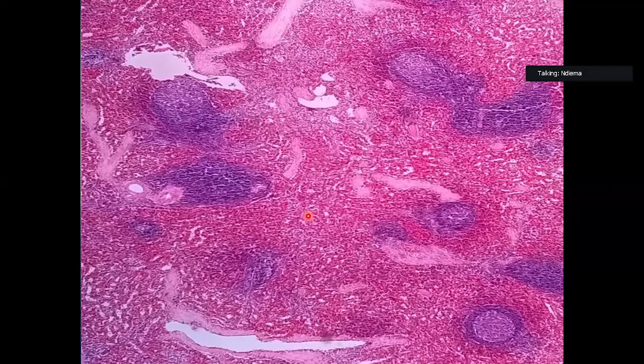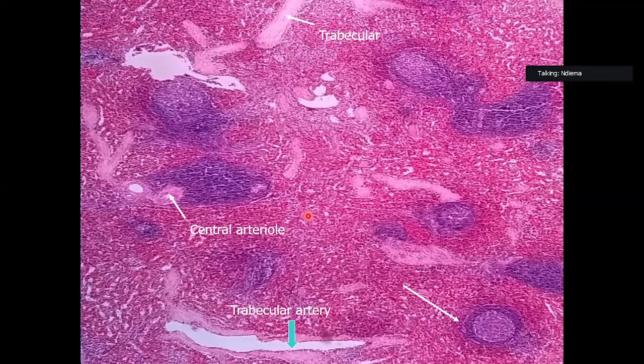So what is the global structure of the spleen? We normally have a capsule, which is fibrous connective tissue, but the spleen also contains smooth muscle. That smooth muscle is very important in contracting to squeeze out the blood into circulation if we have excessive bleeding.